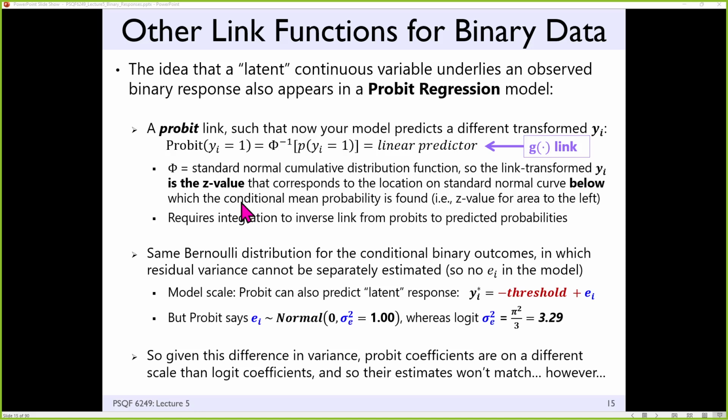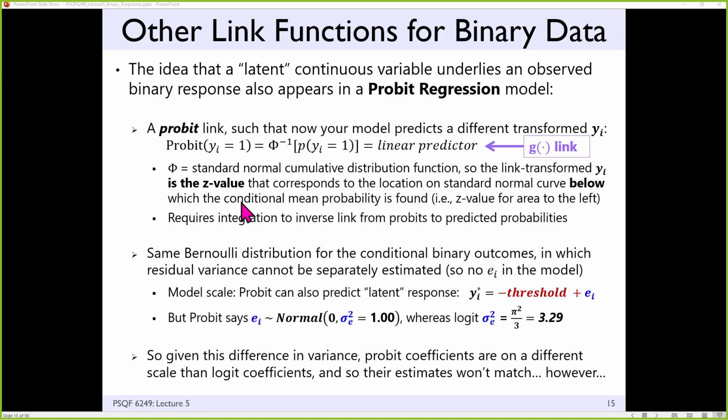And within 1 standard deviation on either side is like 67% of the data, and within 2 standard deviations is 95%. And remember the z value that you use for significance testing? 1.96. That corresponds to 97.5% to the left, right? That's what this is. That's probit. So probit says, all right, I'll just convert your probabilities into z-scores, and we'll do it that way.